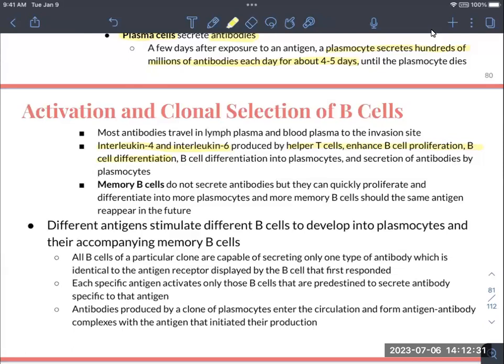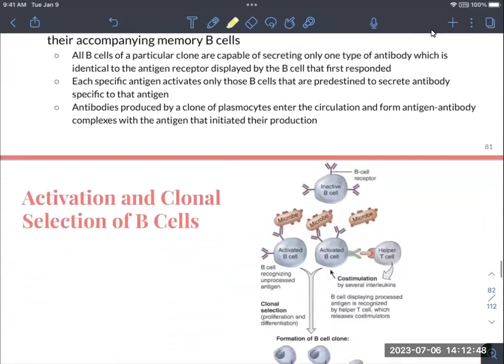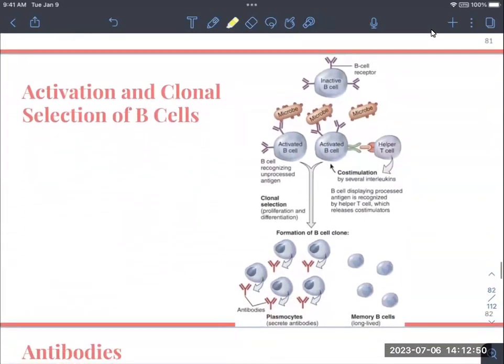So these antibodies produced by a clone of plasmacytes are going to travel throughout the body into the circulation. They're going to bind with these antigens and work to kill things off. So we have this inactive B cell.